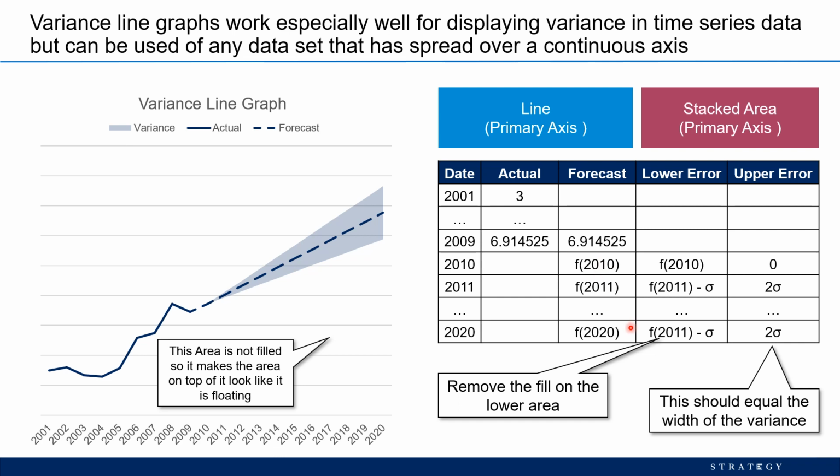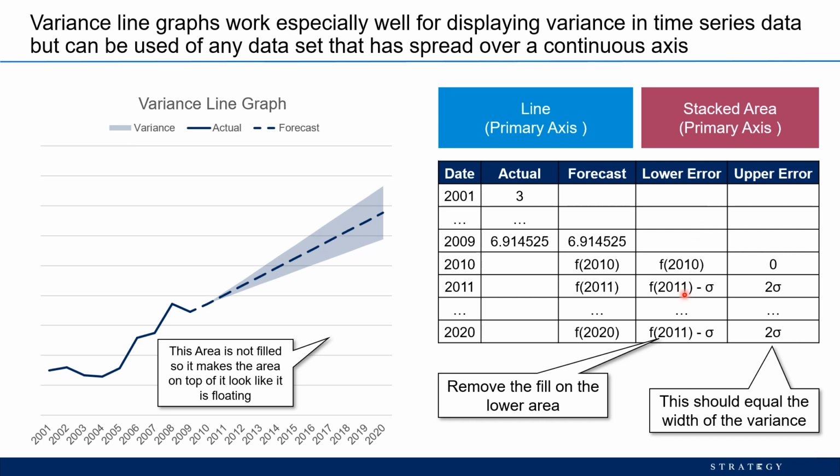Now here is where things get a little bit more complicated and tricky. I'm going to use a combined graph, a combo graph function. For these three columns, they're all going to be line graphs. However, for these next columns, I'm going to have them be area graphs and stacked area graphs, and they are going to be on the primary axis.